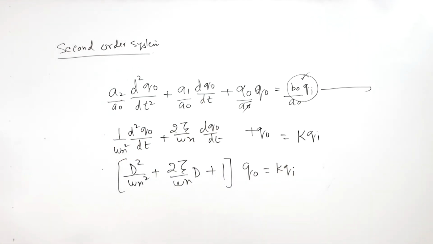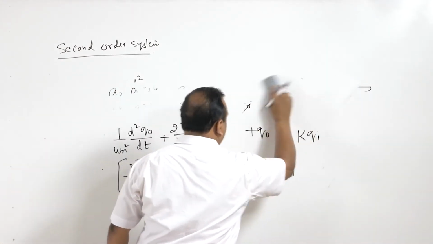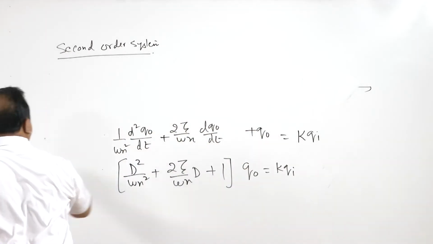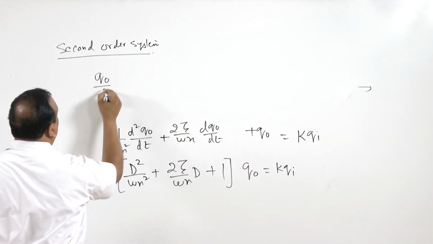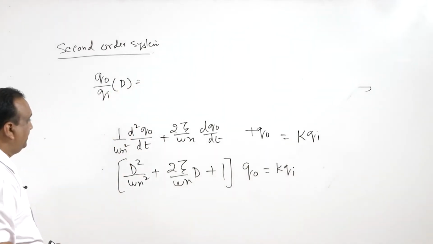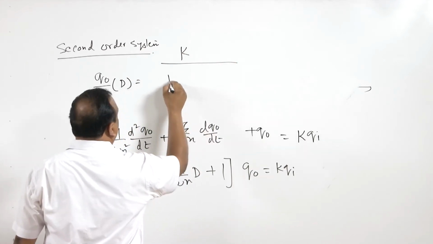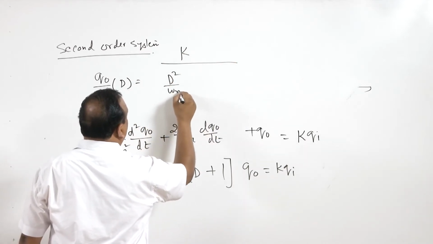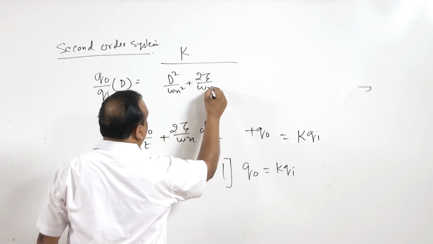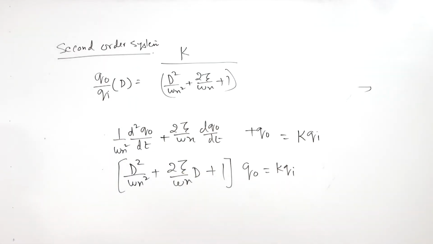And this becomes the transfer function, because the transfer function for transient response Qo by Qi (t) is equal to K by (D squared by omega n squared plus 2 zeta by omega n D plus 1). This is the transfer function.